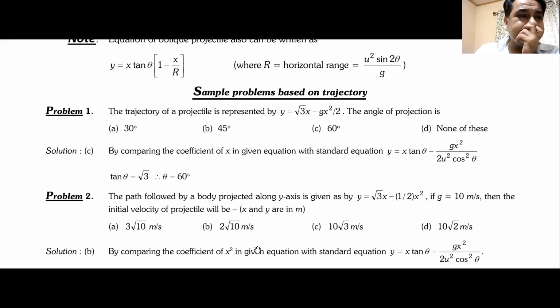Do you want a hint? Or you can do it on your own. The trajectory of a particle is given by the equation y is equal to root 3 times x minus g x squared by 2. What is the angle of projection? No one got the answer? It would be my duty to solve it for you.